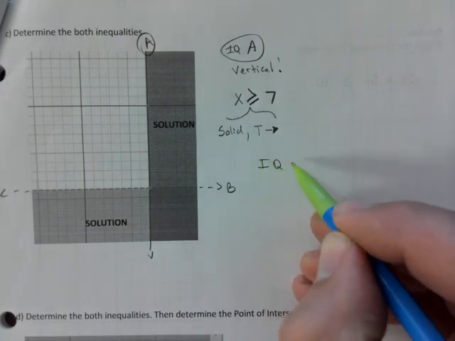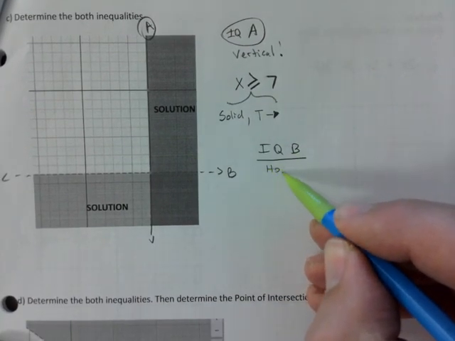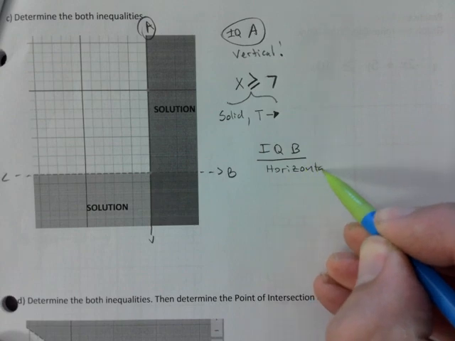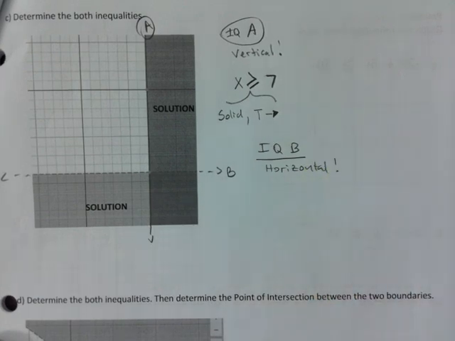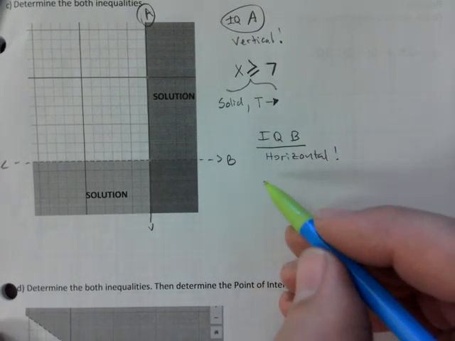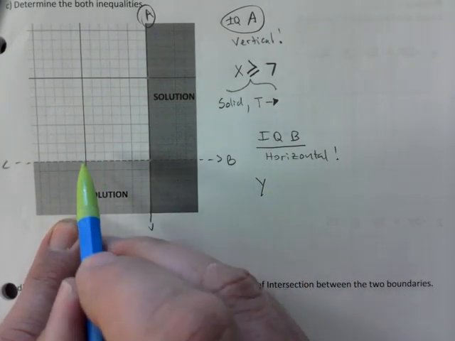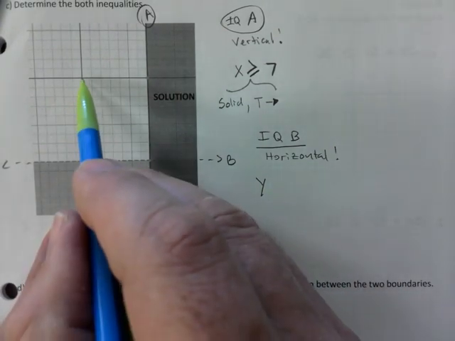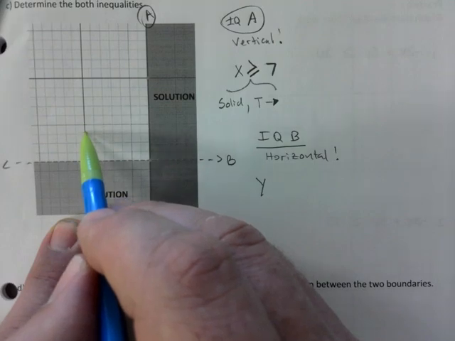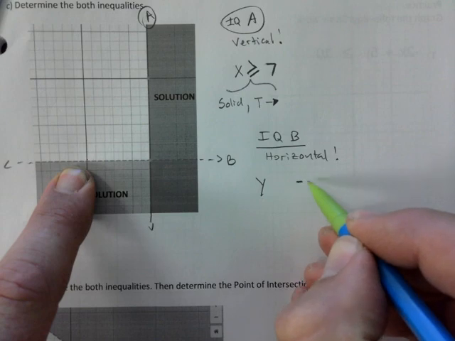Inequality B, horizontal. These ones are the quickest ones. You don't need to worry about slope. You don't need to worry about any of that. You just need to worry about what number and the inequality. So this is going to be y and a number. And this number, if you count from here, this is 5, 6, 7, 8, 9. So it goes through -9.